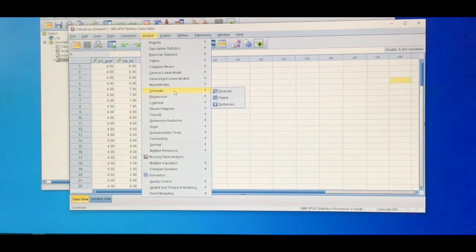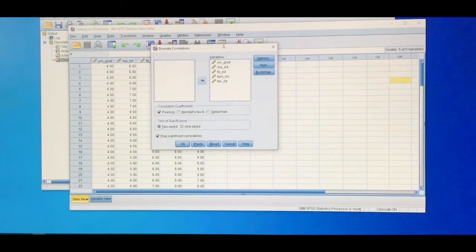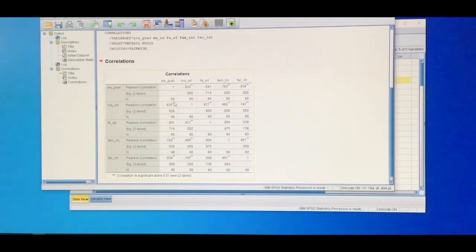Or if you want to study the correlation, we can do that first. Bivariate, Pearson's, Spearman. Okay, let's check what the correlation shows. When I look at the mother's education level, it is negative 0.825.